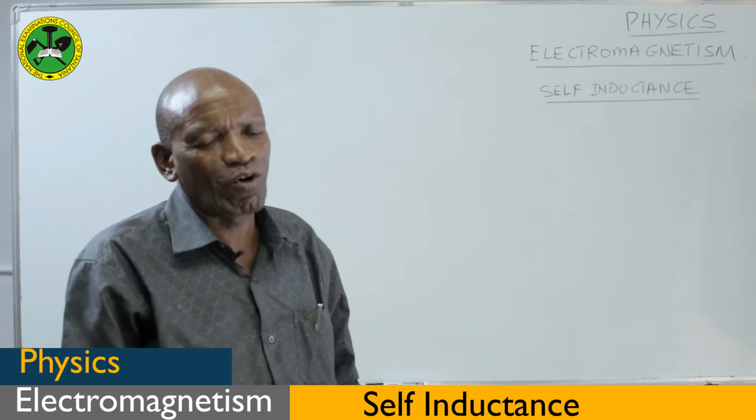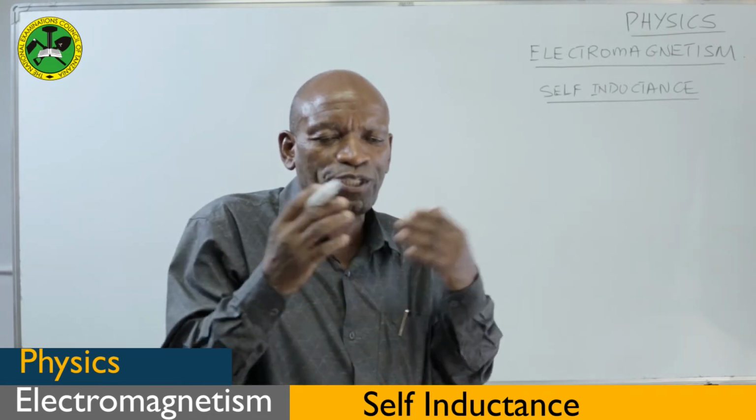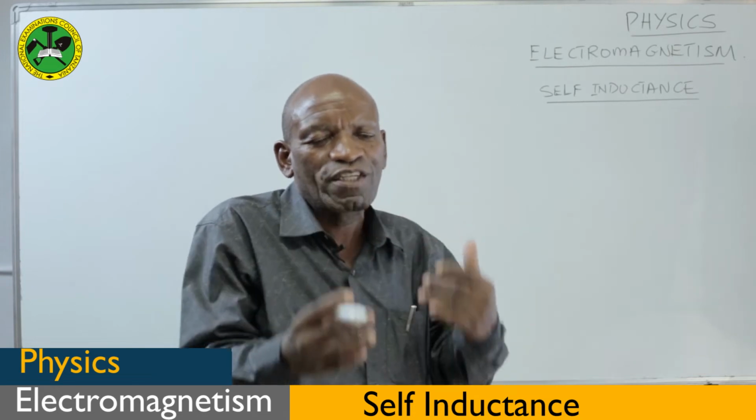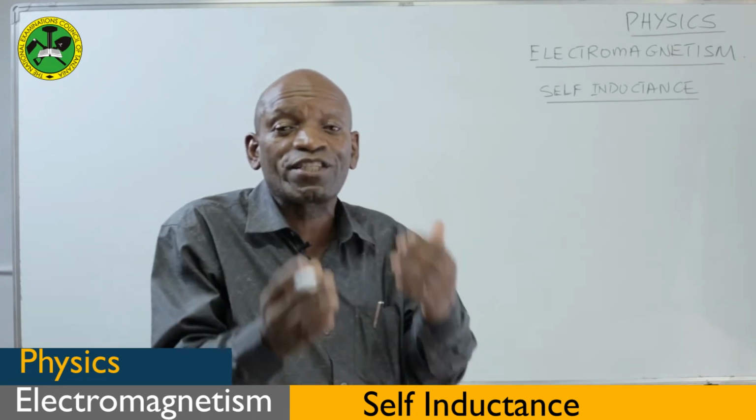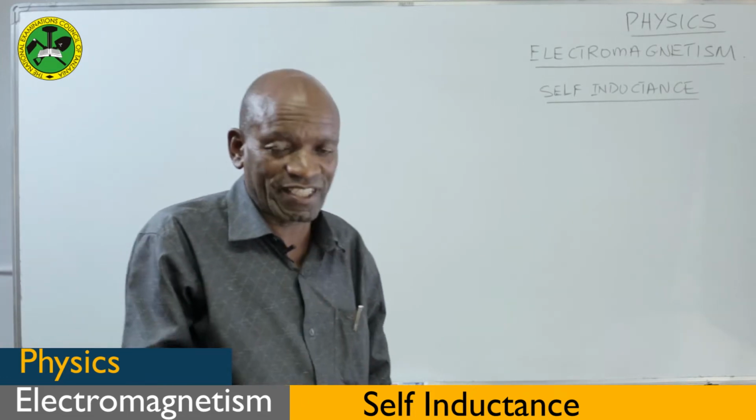And that particular coil, which shows all of these properties together with storing some energy, because some magnetic field is created within such a conductor, is what we call an inductor.